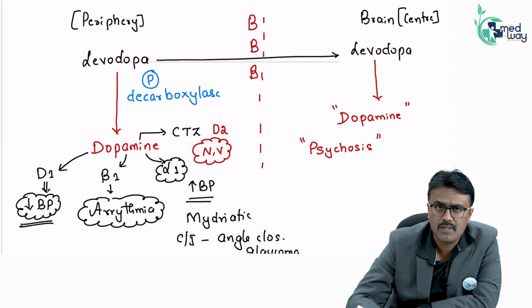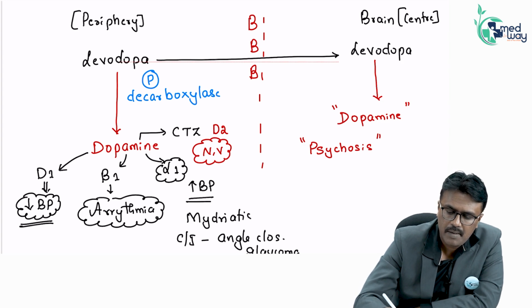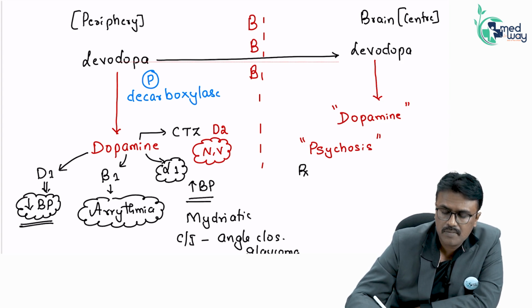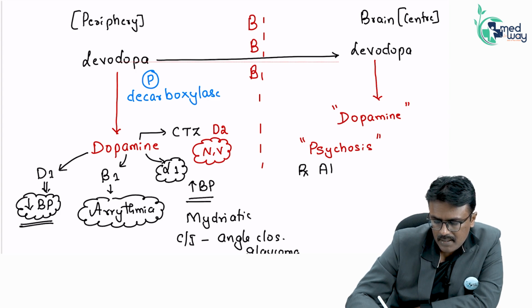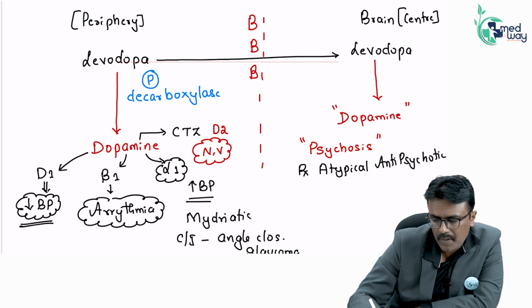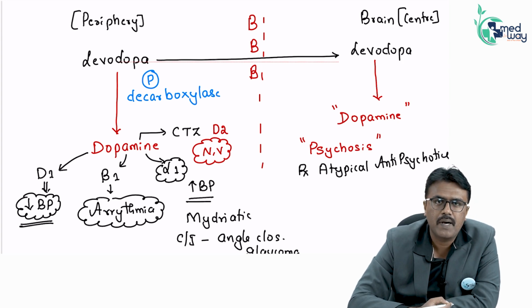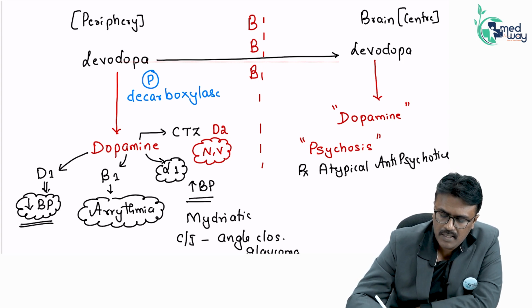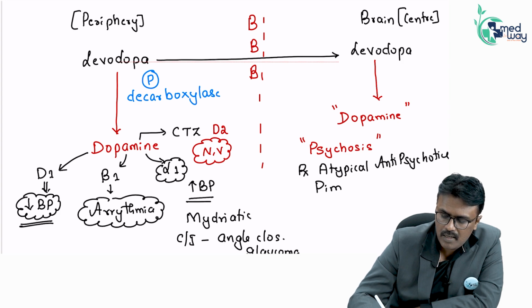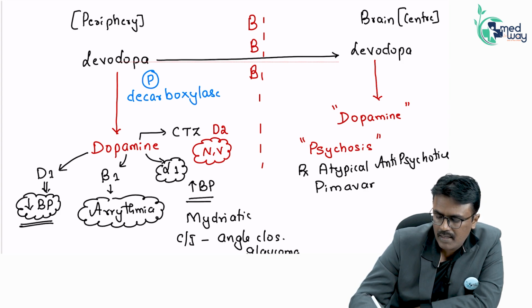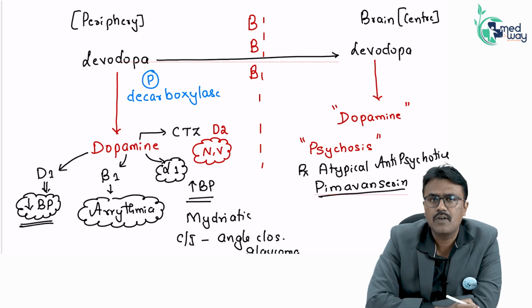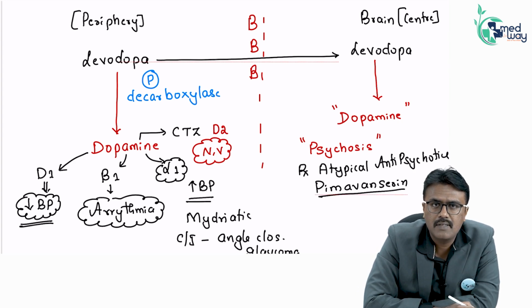That is called psychosis. Sir, is there any treatment for this? Yes, we can use atypical antipsychotics. Sir, can you tell me some atypical antipsychotics? Clozapine, olanzapine, risperidone. Now recently there is a drug approved for that. The name is pimavanserin. Pimavanserin is a drug used for Parkinson disease psychosis.